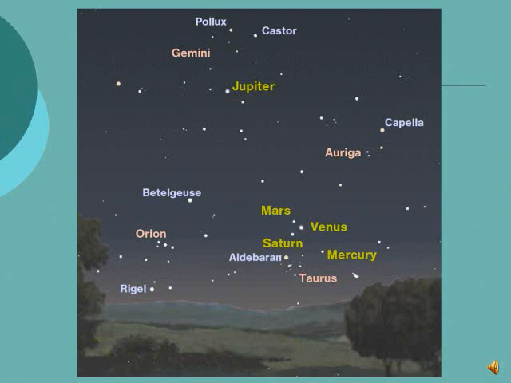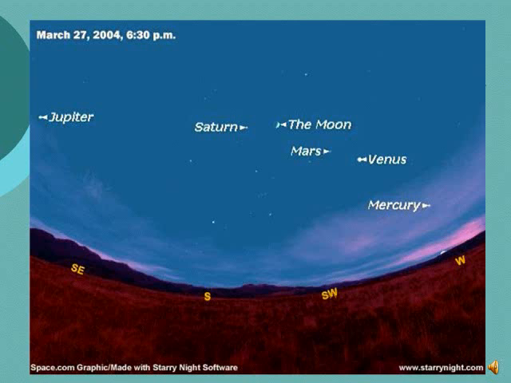All of the words that are in blue are going to be your larger stars. The words that are in the pinkish color are going to be your smaller stars. Once again, we cannot all the time see all of the planets like this together because of their orbits. Depending on where they are in their orbit will depend on where they are in our sky.